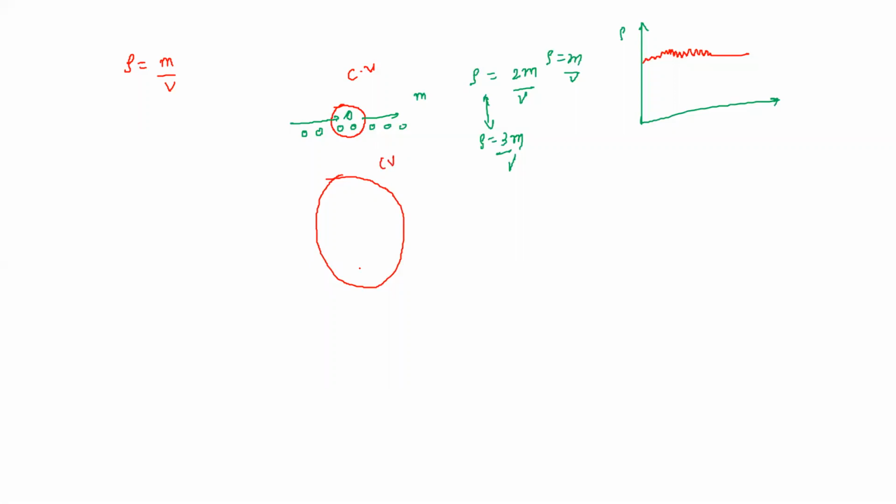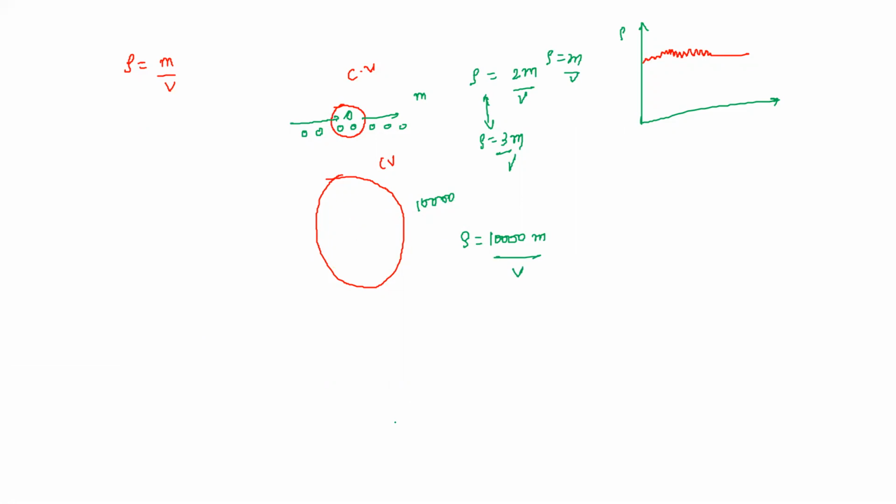So if we take a large enough control volume, let's say there are 10,000 molecules inside this. What is the mass inside this? The mass inside this is going to be 10,000 m. So the density at this point of time is going to be 10,000 m upon v.